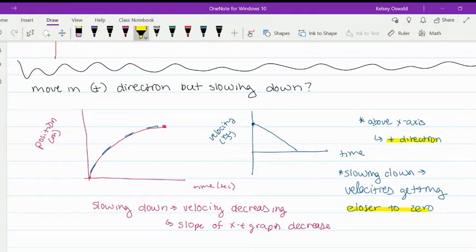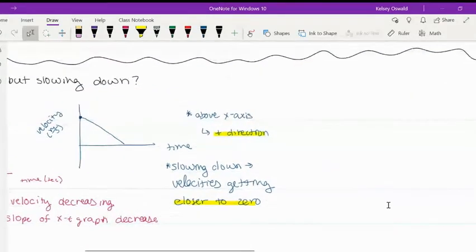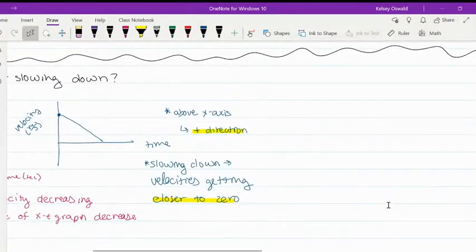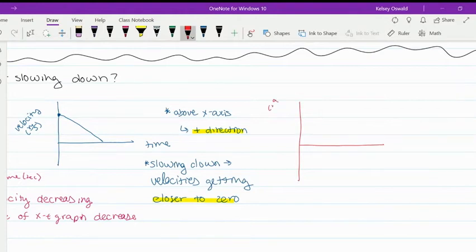Okay. So then if we wanted to change this, we know our position time, we know our velocity. Now we just have our acceleration. Remember, we're going to find our acceleration by finding the slope of our velocity time graph.